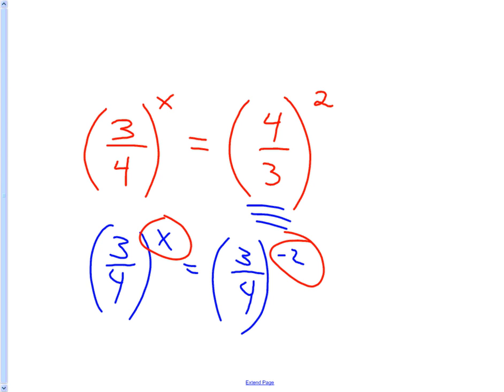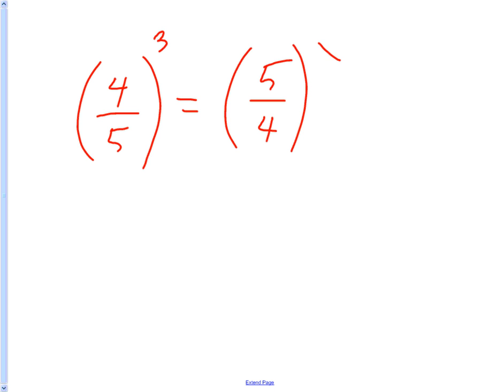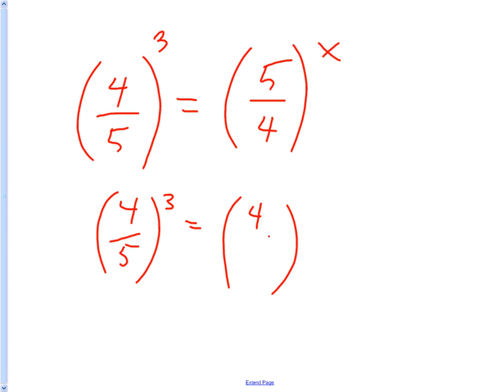All right, I'm going to give you another one like that, see if you can handle it all by yourself. 4/5 to the third equals 5/4 to the x. Figure it out. So remember what I was saying was to make this base just what I want. I want it to be 4/5, so I'm going to make it 4/5.